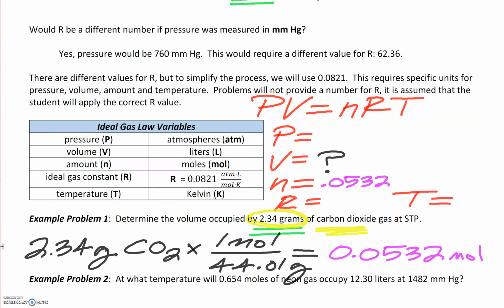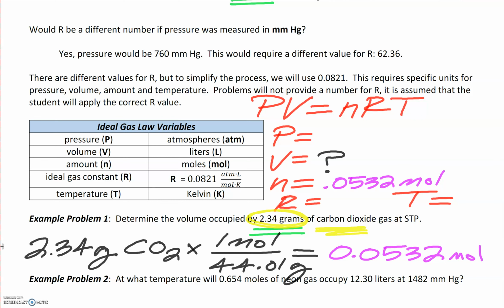Right, so that's moles. Good to go. Let's clean that up a little bit. It got messed up, so let's clean that up again. 0.0532, and there we go.